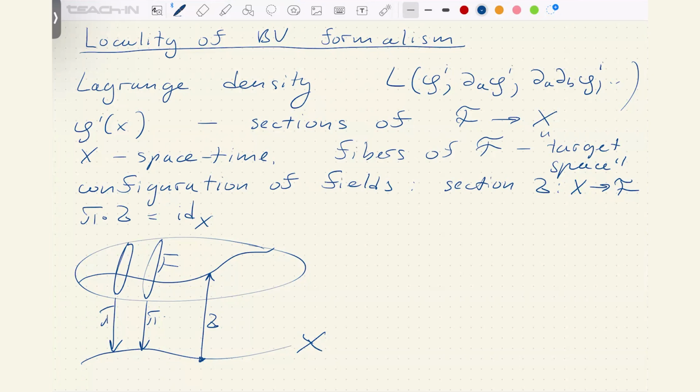And then what we call fields phi I of x are like coefficients of sections.